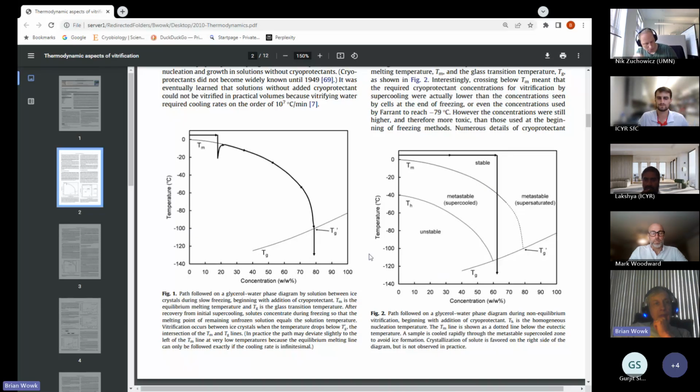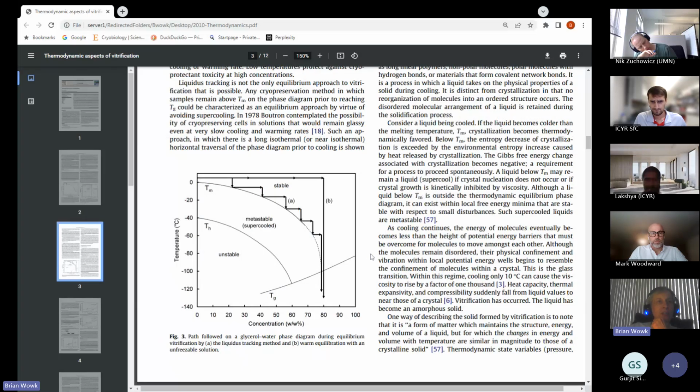Okay, moving on to figure 3. There's another way you can do cryopreservation by vitrification, and this is based on an idea that Farrant and Elford came up with back in 1965, where you add a bit of cryoprotectant and then cool just to the melting point of that concentration of cryoprotectant.